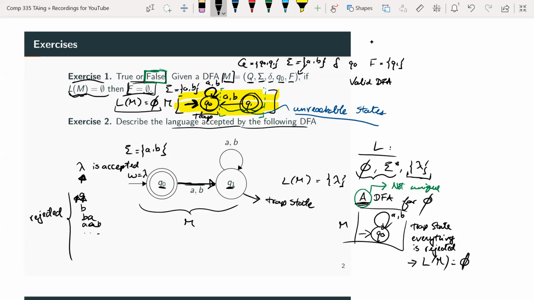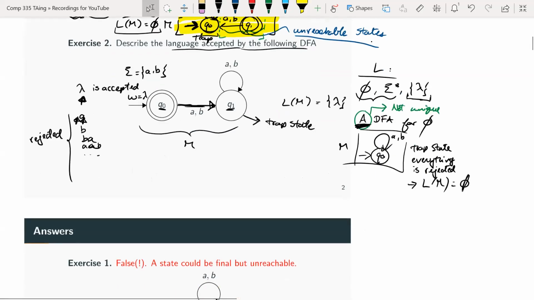But remember I said this was not unique. The reason is I could create another DFA, let's say this one here, with states Q1 and Q2. This is an equivalent DFA in the sense that it accepts the same language, the empty set.